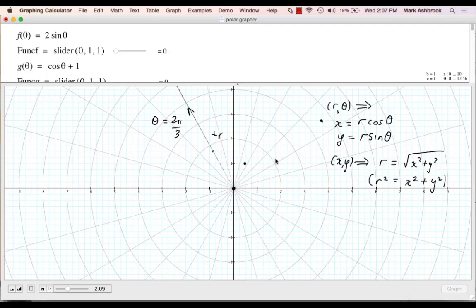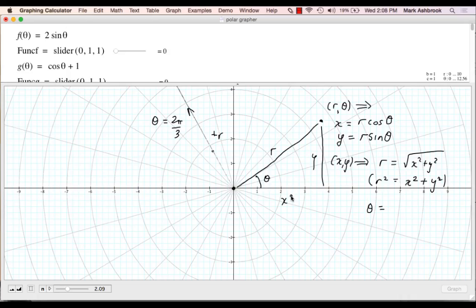Okay, and then what would theta be? Again, we've got this triangle here. This is the angle theta, this is r, and we have x and y. What would theta be given x and y? So x and y form the opposite and adjacent sides of that triangle. Which trig ratio is that?